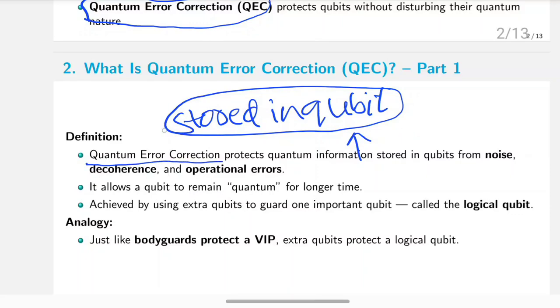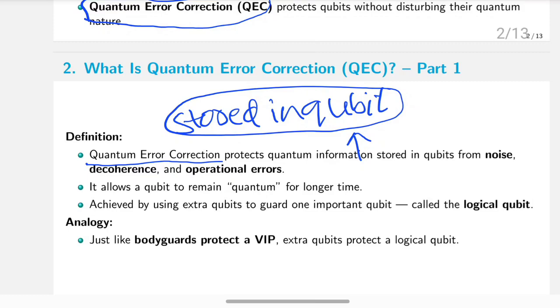It protects this information because if the information is lost, then all the calculation is of no use, right? So it protects this information from noise. Noise is a disturbance from the environment.